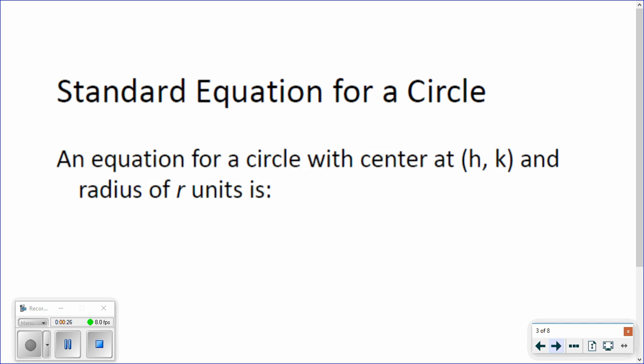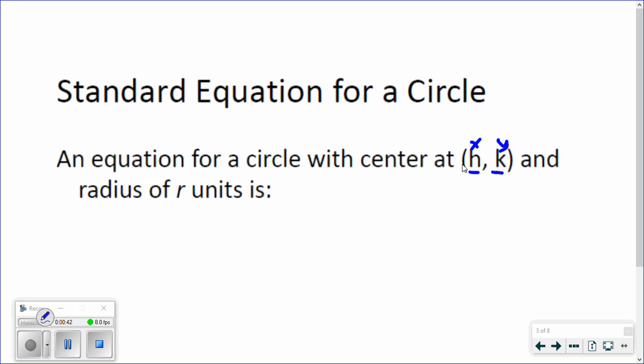And the equation of a circle, and you'll see this a lot in Algebra 2, deals with an h and a k, where the h value deals with the x and the k deals with the y value. So that's our coordinate for the center of the circle.